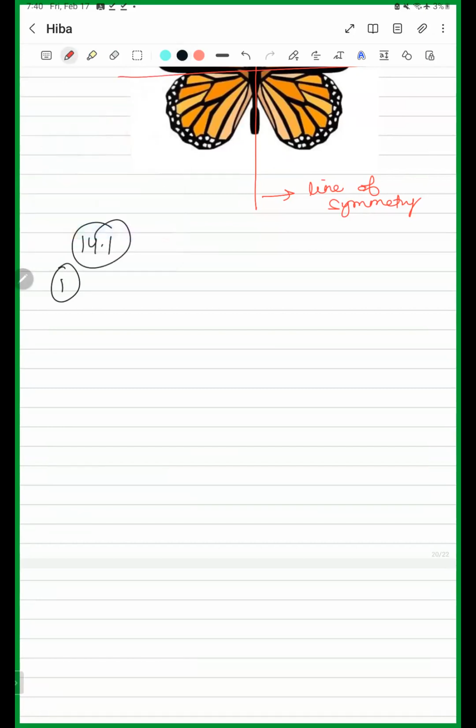What have they done? They have shown you a rectangle, okay? And just imagine, Hiba, that this is a card. Imagine this is a greeting card. Have you ever made a greeting card? Okay.